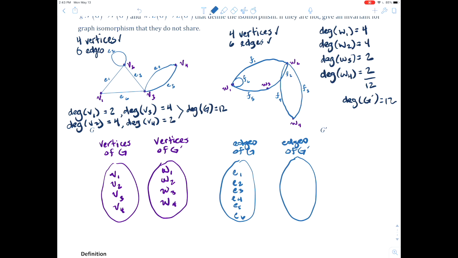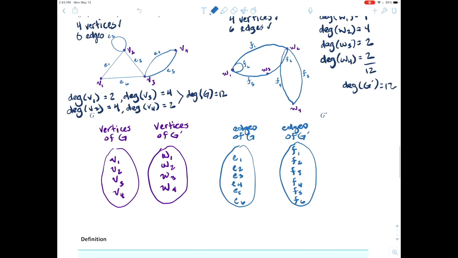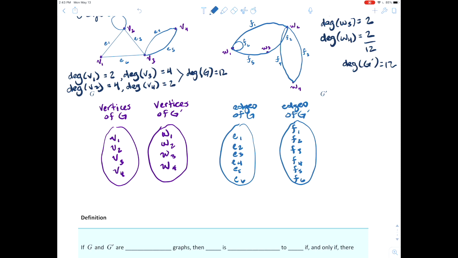And then the second one has F's. So F1, F2, F3, F4, F5, and F6. So, like I said, it's a little bit more complicated. So let's do a table kind of like we did before.